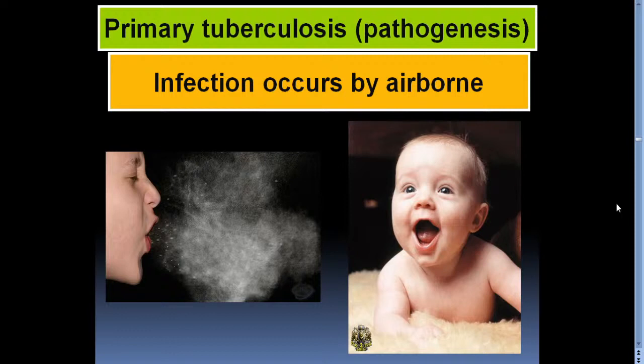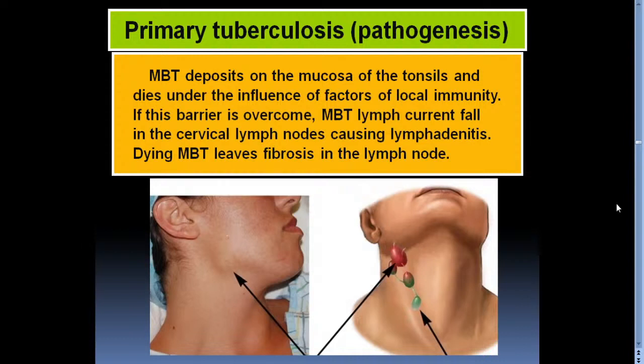Pathogenesis of primary tuberculosis. Infection occurs by airborne route. Mycobacterium tuberculosis deposits on the mucosa of the tonsils and dies under the influence of factors of local immunity. If this barrier is overcome, Mycobacterium tuberculosis falls with lymph current into the cervical lymph nodes, causing lymphadenitis.